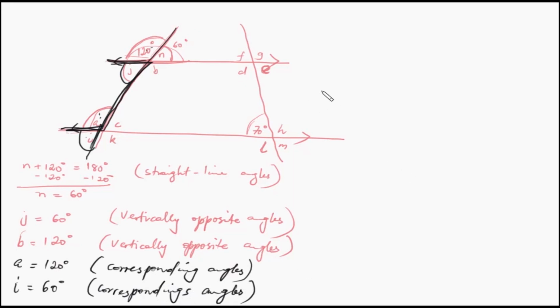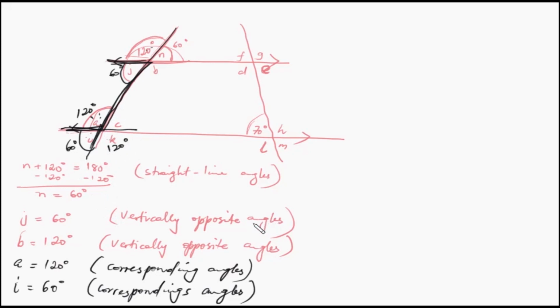So we are aware that this is 120, this is 60, this is 60 also. But here we have a cross. This angle is vertically opposite to this one, so they are equal.